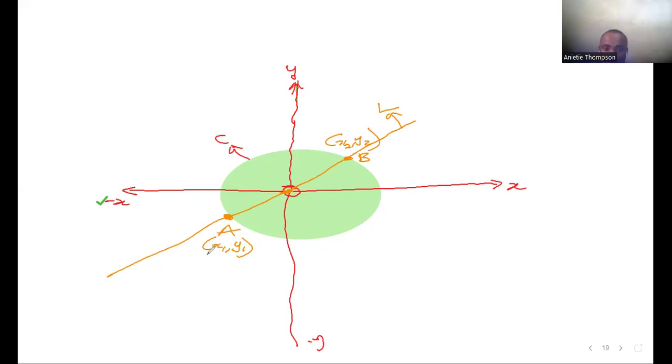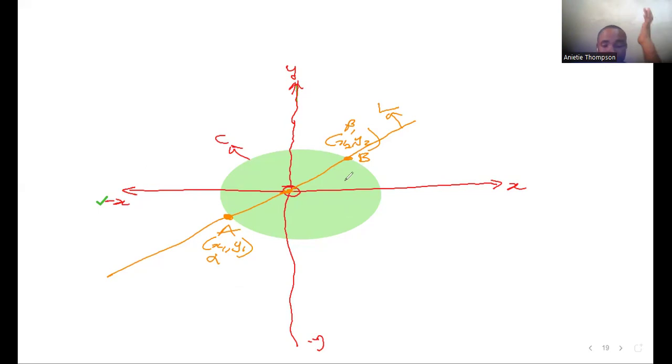Or if you like, you can call them alpha and y1, and beta and y2. We want to know how symmetric it is.